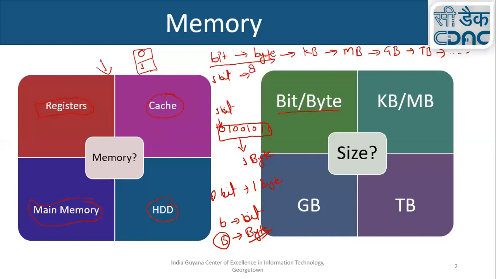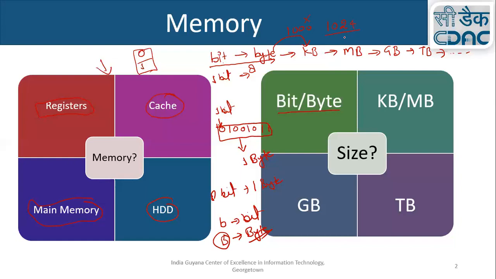But when you move from the byte to the kilobyte, it's 1000. So 1000 bytes means 1 kilobyte. But it's not technically correct. Technically this number is not 1000. The correct number is 1024.